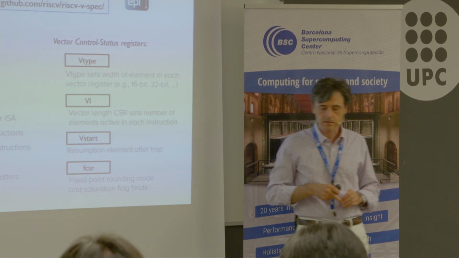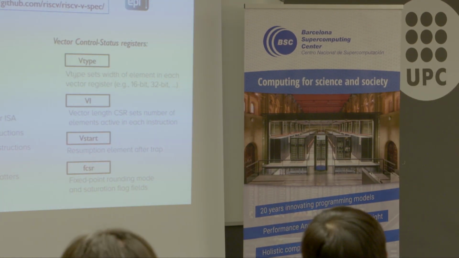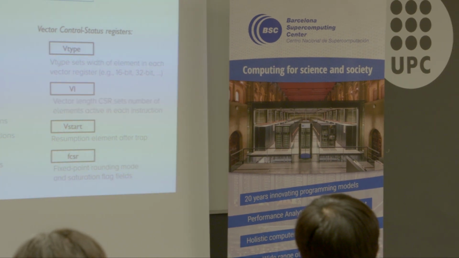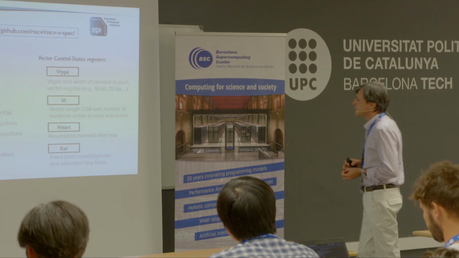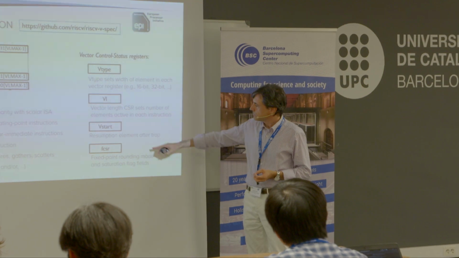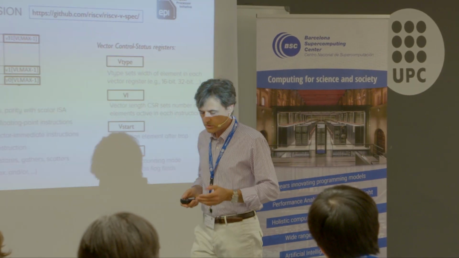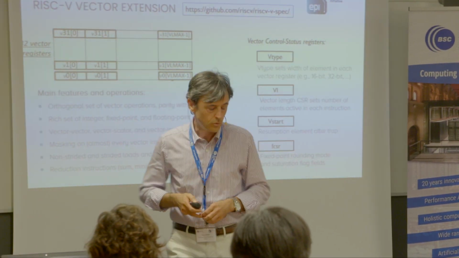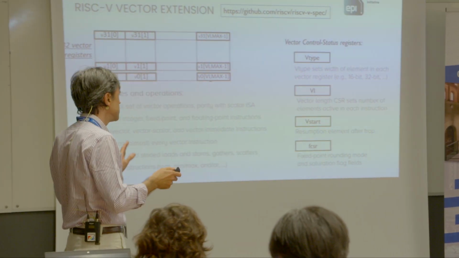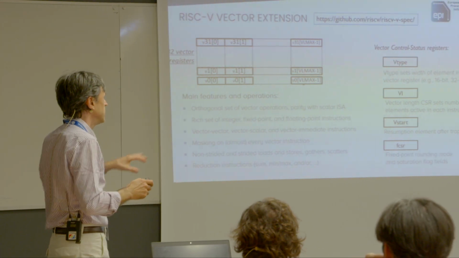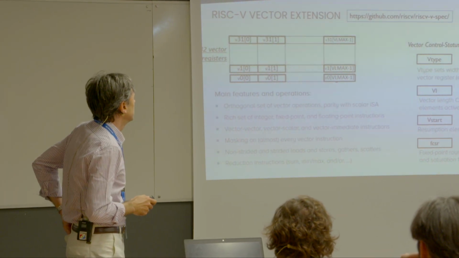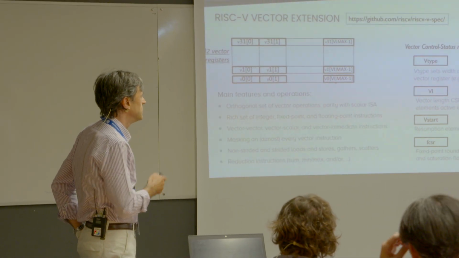V-start is the number of elements to start with after an interrupt. And another, vector FCSR, is related to rounding modes, okay? We don't have the time to go into detail here, and also I have to say I am a microarchitecture guy, so I don't have a full view of the instruction set issues.